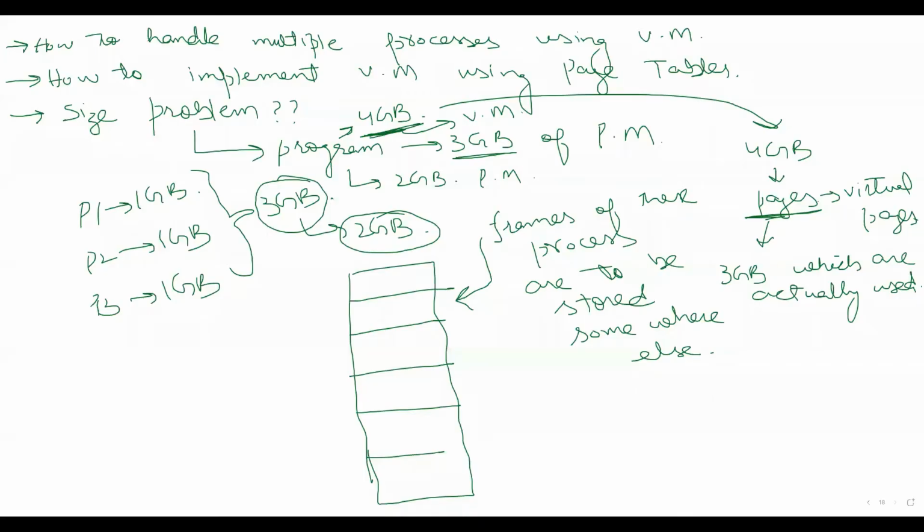This somewhere else, for storing the frames of processes, is usually chosen as some part of secondary storage. So we have main memory, which is our primary memory, and it contains multiple frames.